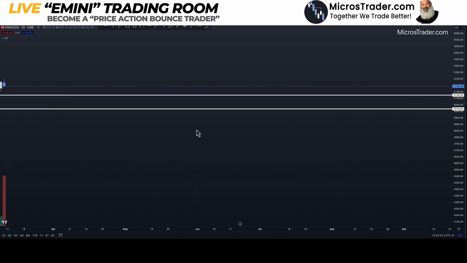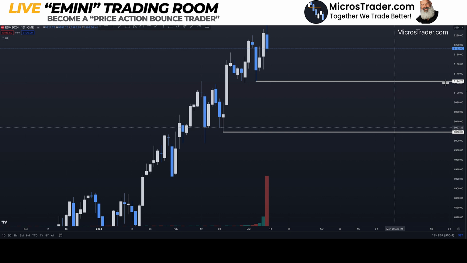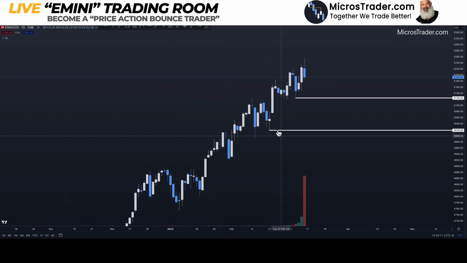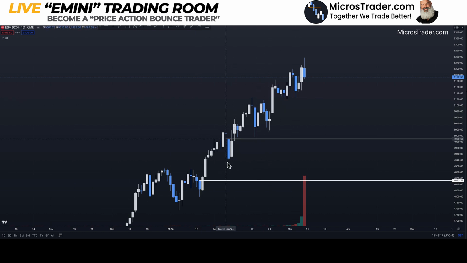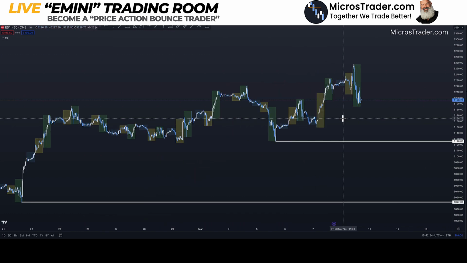So let's come in here and pick what I would call a significant level on the chart. Let's do this front side here, and let's do the bottom of the blue candle here on the M contract. Let's find the same thing over here. Let's go to the daily.